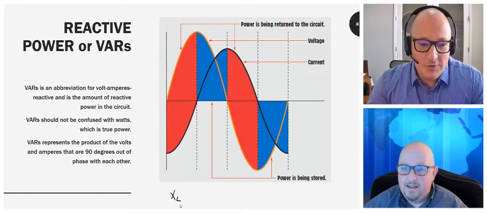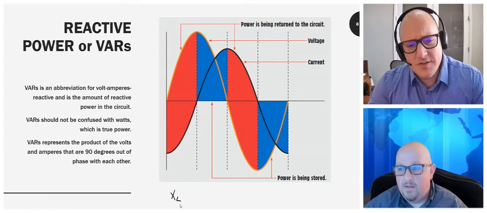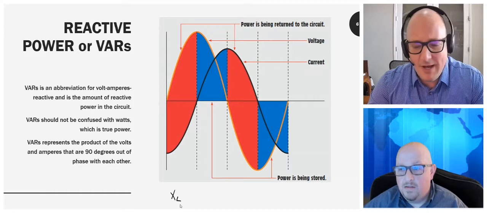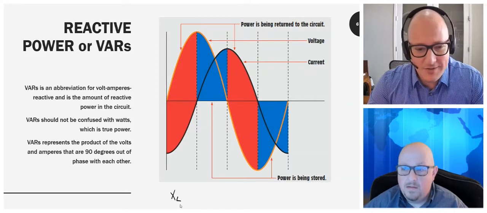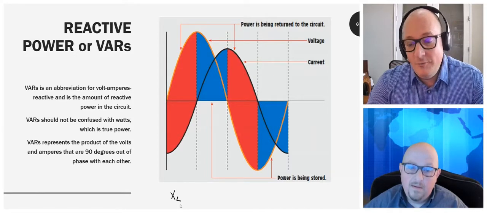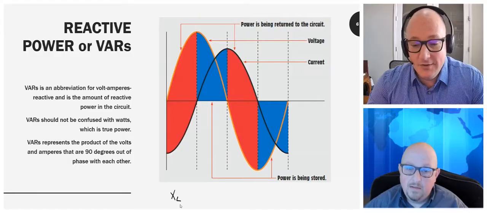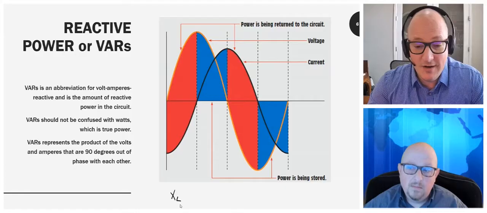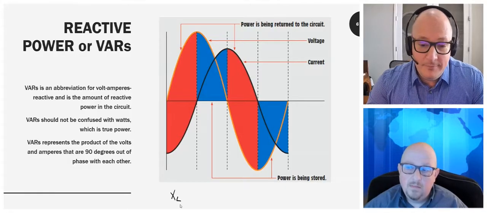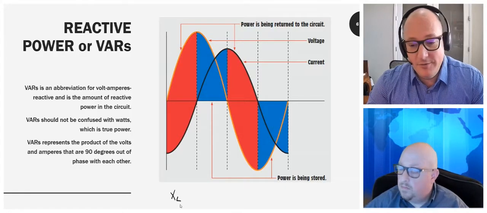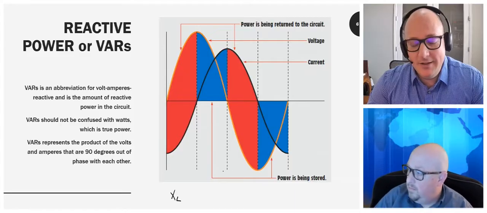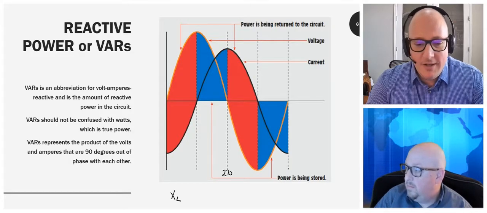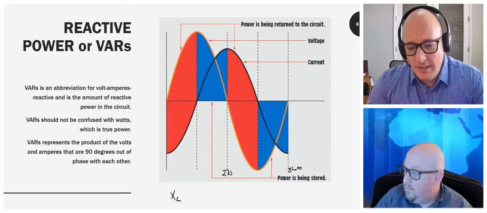So we see voltage and current. One's in the positive, one's in the negative, and mathematically the output is always negative. But two wrongs make a right. So from 270 to 360 degrees of rotation there, we are putting in power from the applied source to create a magnetic field in the inductor, and the product of two negatives is a positive.